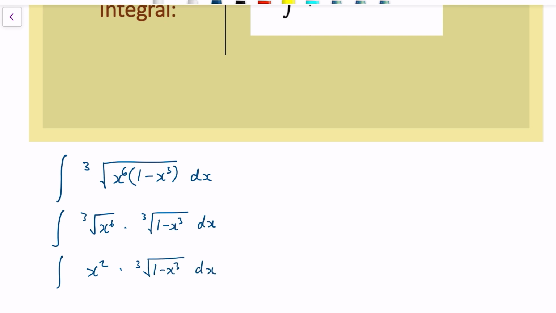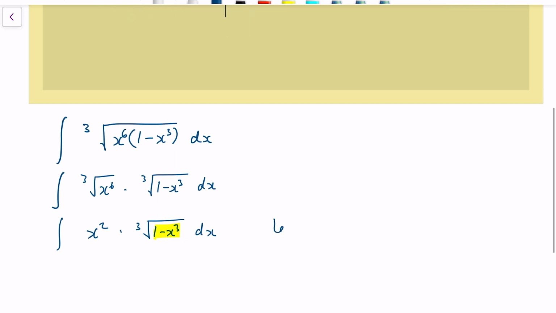What I was saying earlier is that if we make this substitution, the derivative of it appears in the problem as well, or almost does. So if I say here, let u equal 1 minus x cubed, then du is equal to minus 3x squared dx, and we've got the x squared part appearing there, and the x squared dx can be replaced by du divided by minus 3.